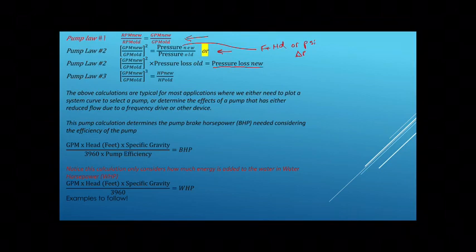So the new pressure drop of the system is determined by taking the new GPM that you desire over the old GPM, and you're going to square that. And when you square that, you take that times the old pressure drop at the old GPM, and that gives you your new one. That's a very useful formula. We use it a lot in our applications.